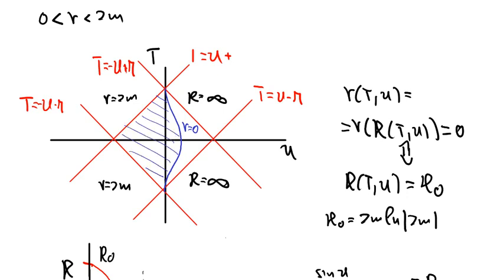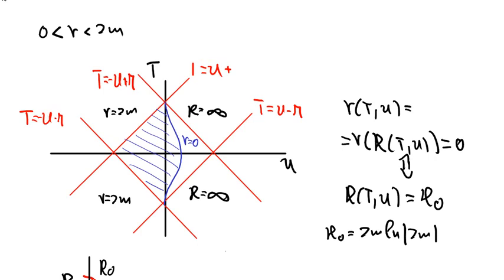This compact region is the Penrose diagram in the case in which this condition is satisfied, and this defines the so-called interior region. You will see why next.